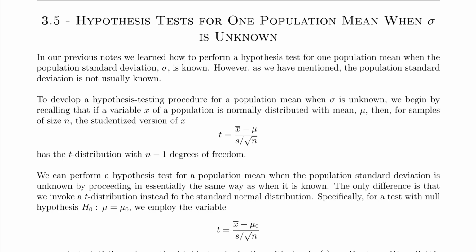And we are going to use the formula that you see here. This is what we base that off of, where t is equal to x bar minus mu over s, which is the sample standard deviation, divided by the square root of n, which is the sample size. And we use the n minus 1 to represent the degrees of freedom that we have to use on the table when we refer back to the t table.